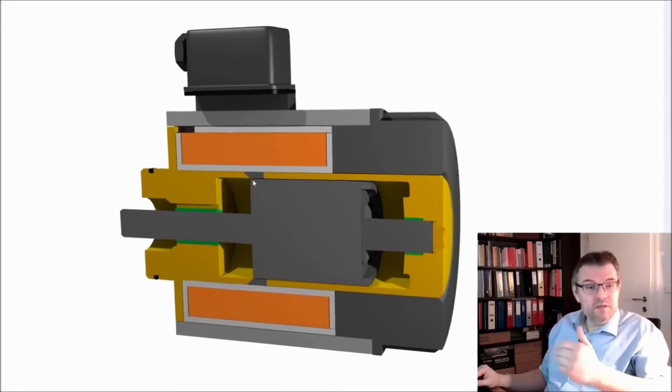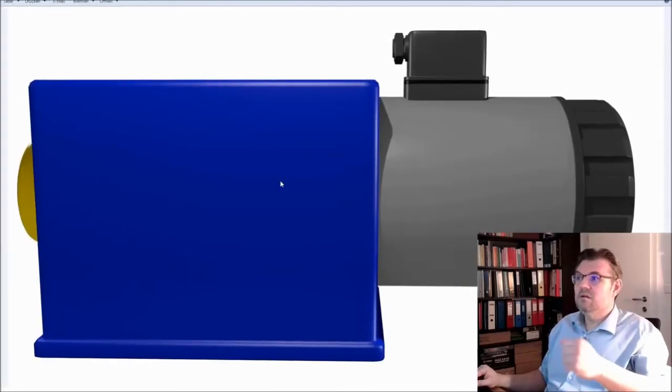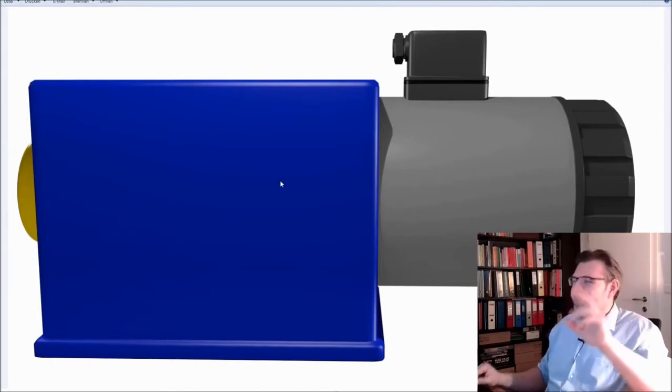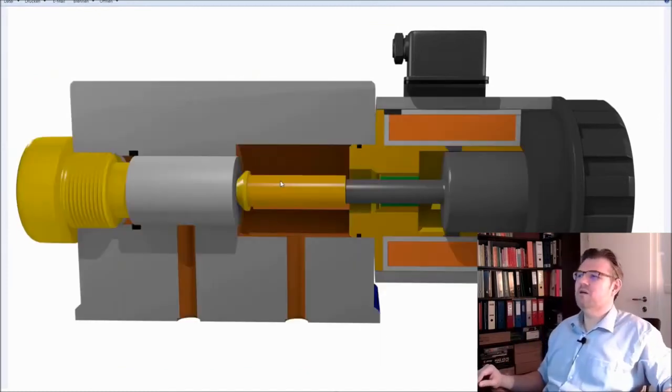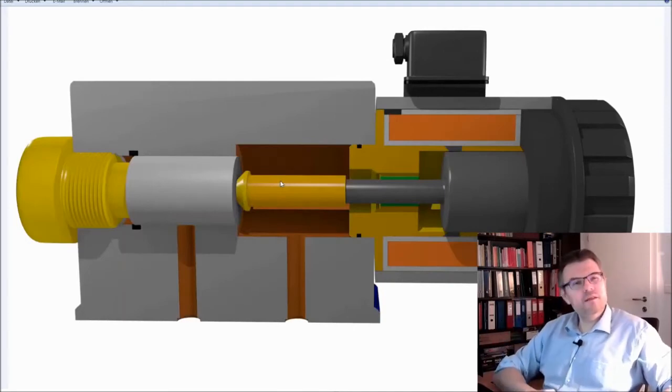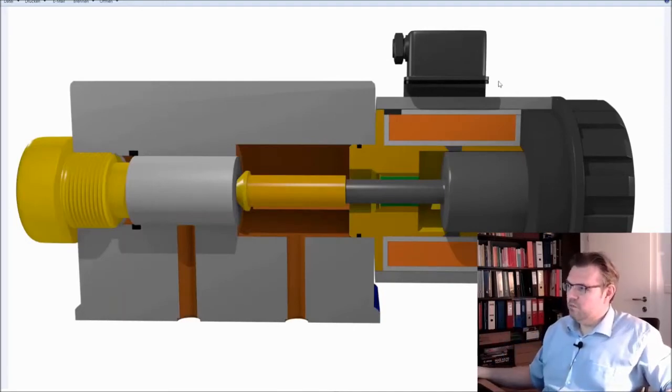How is this then built in a real valve? Here is a real valve, or a picture of a real valve. It's again my construction. It might look like this. Here is the proportional magnet, the cover, the armature, and the armature is now pressing against this cone here.